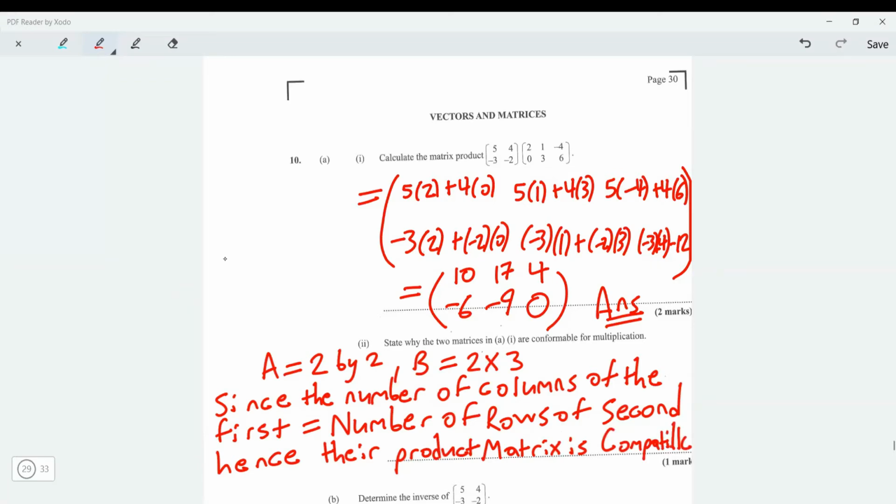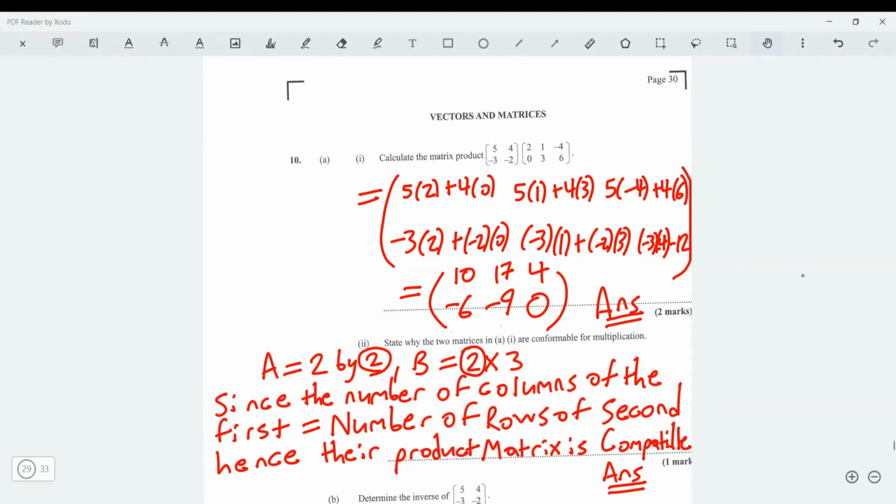All right, so that's the reason. The reason why we're able to multiply them is because the number of columns of the first matrix is equal to the number of rows of the second matrix. That's the reason why we're able to multiply them. Nice.